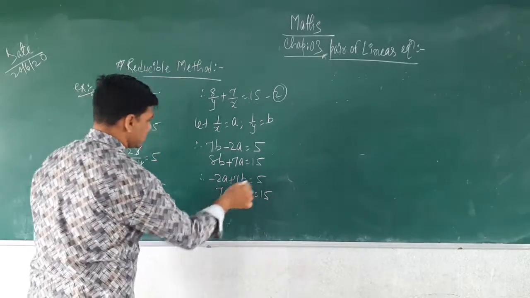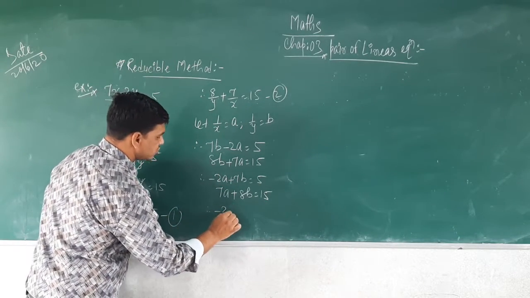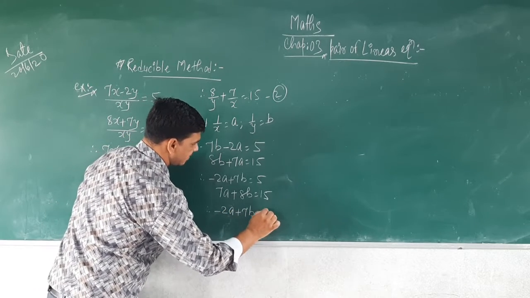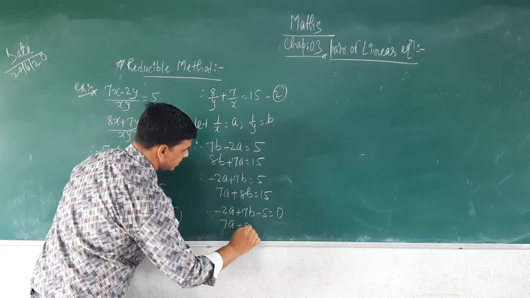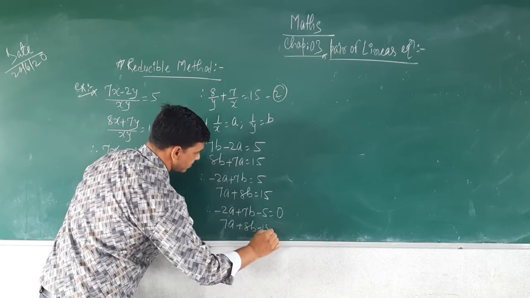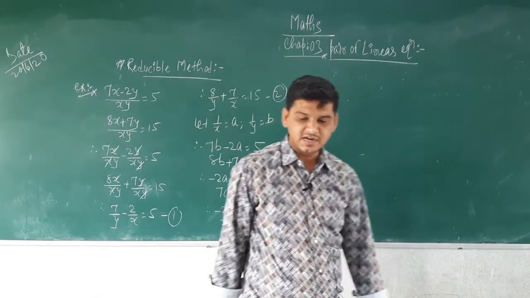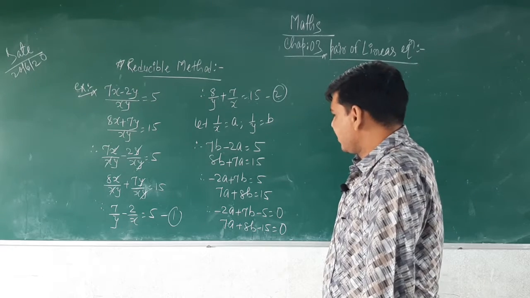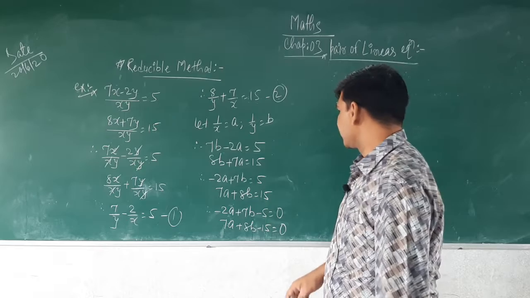The right hand side constant is moved to the left hand side. So minus 2a plus 7b minus 5 is equal to 0, and 7a plus 8b minus 15 is equal to 0. This is the standard form, so we use the cross multiplication method.